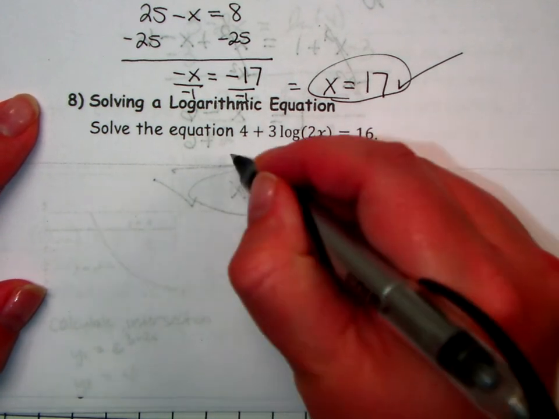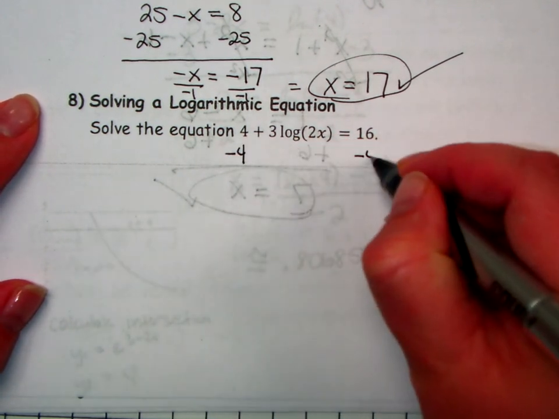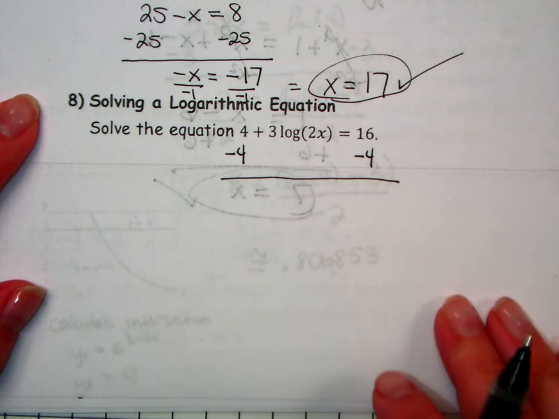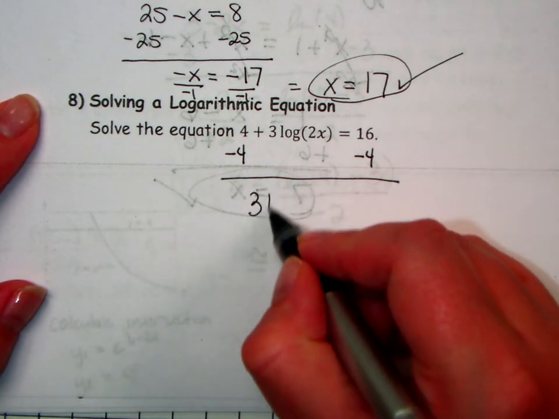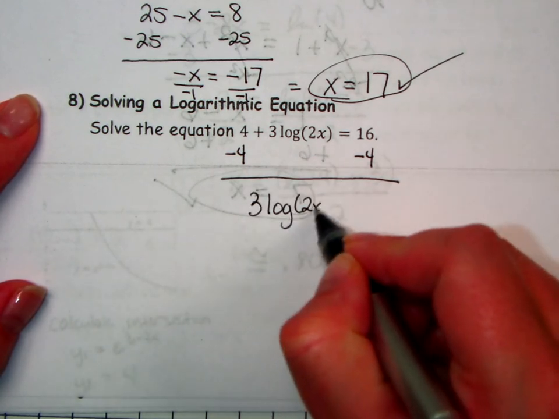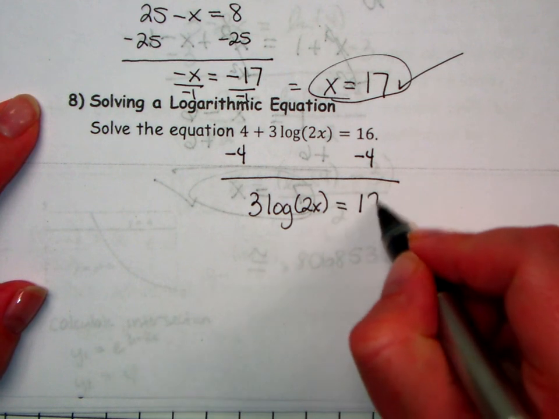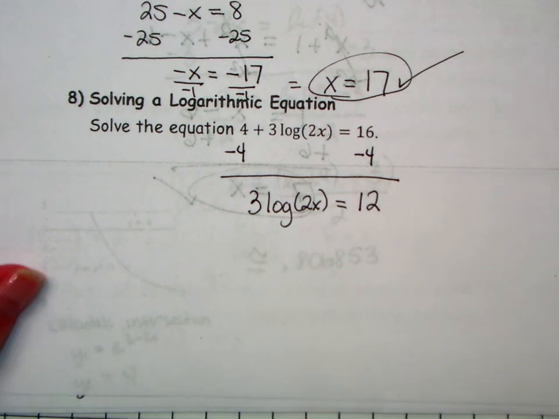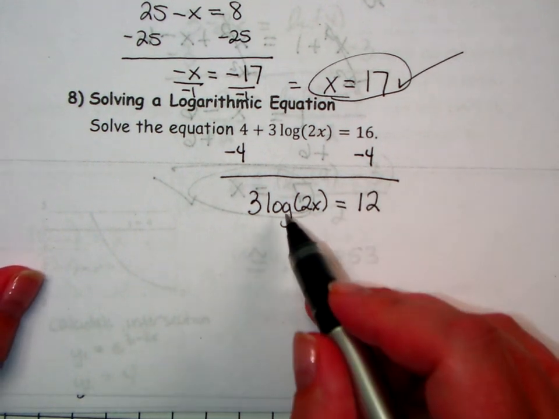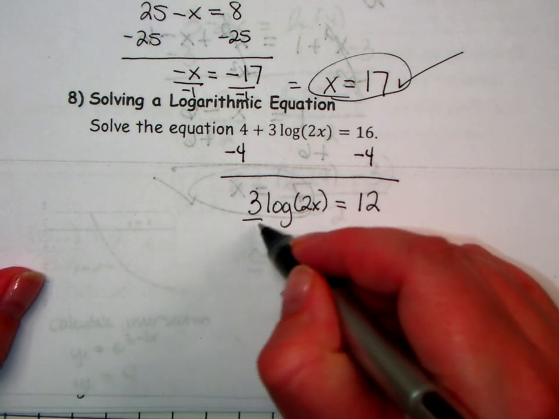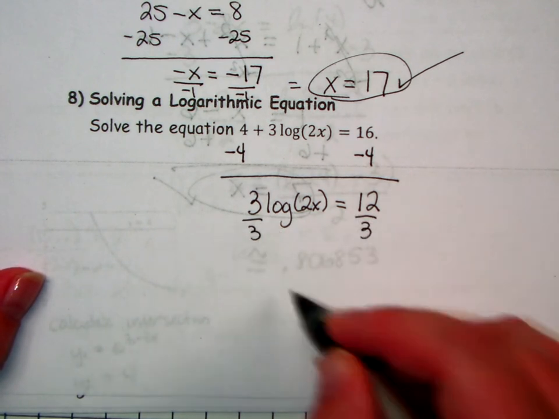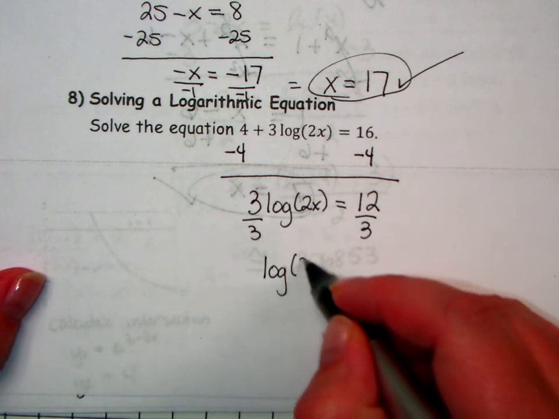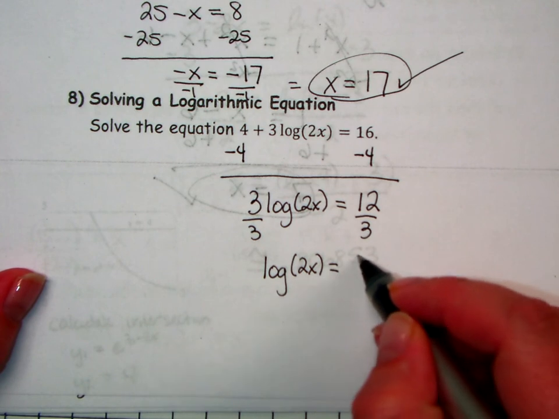So the first thing I'm going to do is subtract 4 from both sides. So I have 3 log 2x equals 12. Now what I want to do is get the log by itself. So I'm going to divide by 3. And so I have log 2x equals 4.